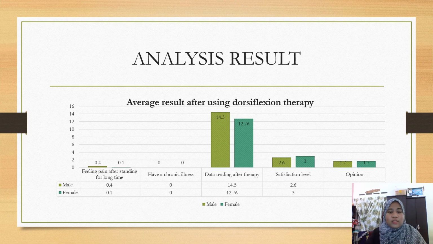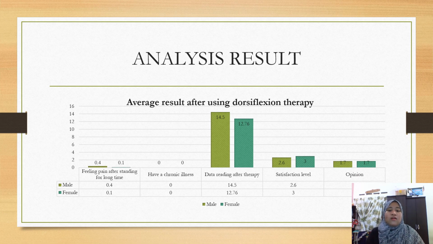Okay, the second question is having a chronic illness. Because I tested 10 participants with normal condition, they have no chronic illness.